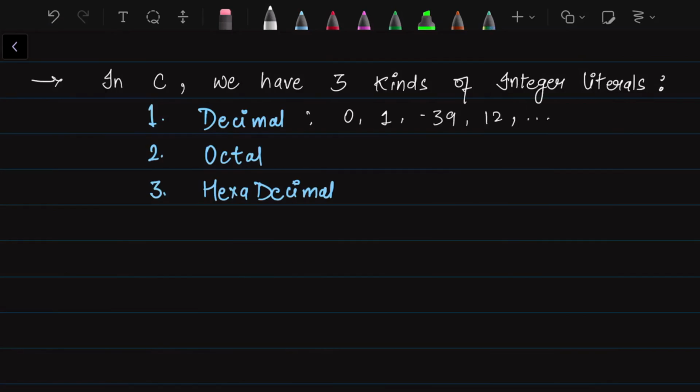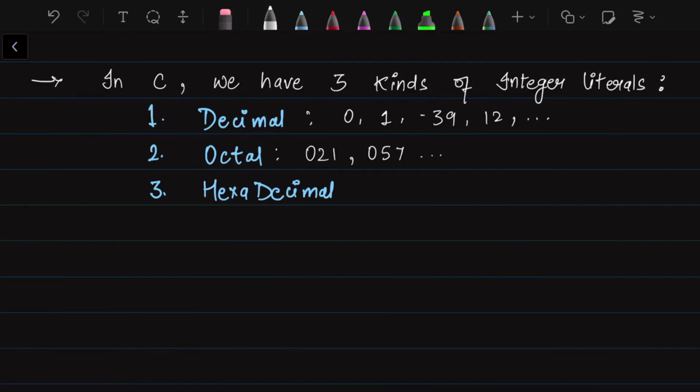Now, what are octal values? Octal numbers are those numbers whose base is 8, and they are represented as, let's say, 021 or 057, etc.